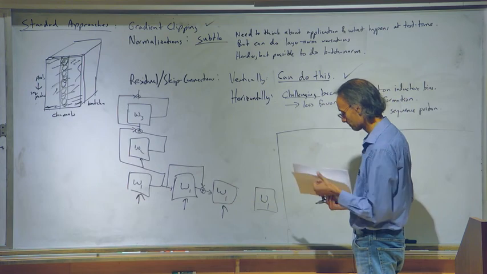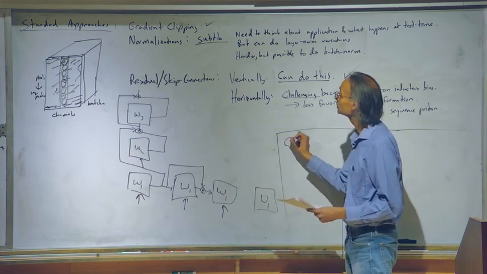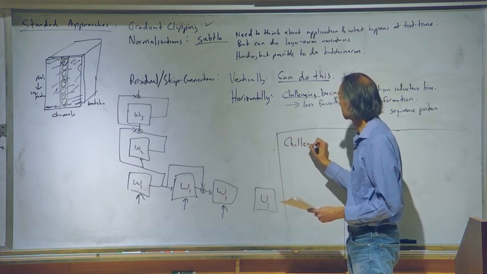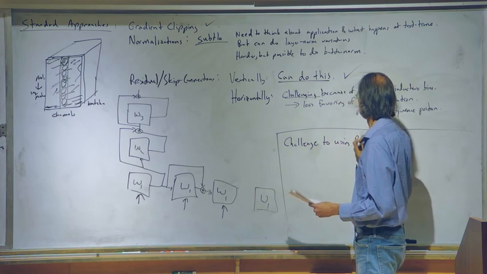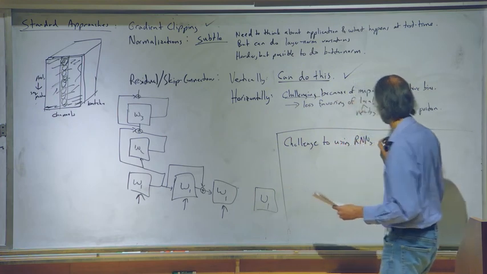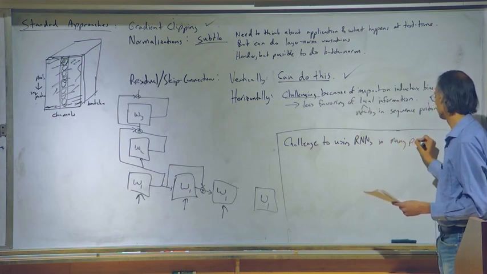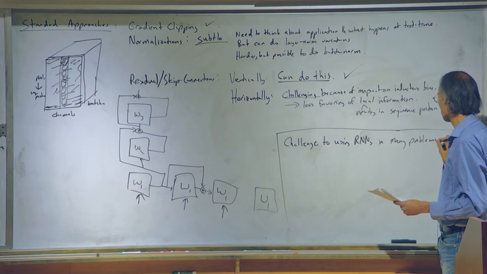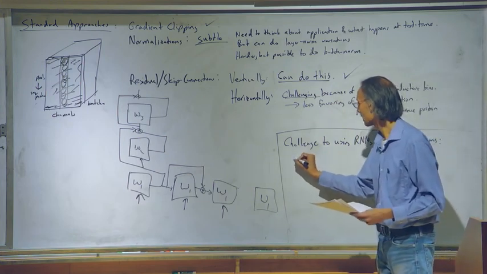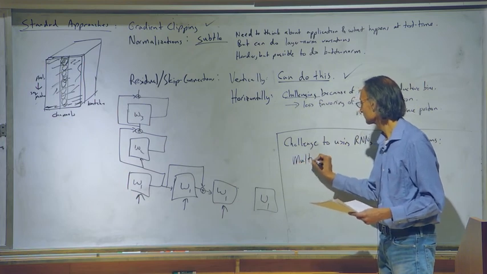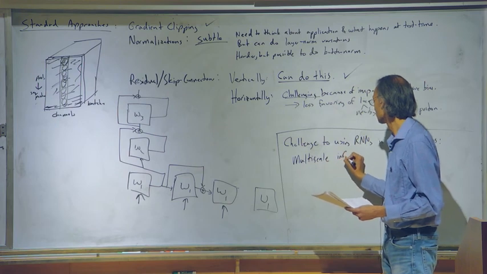What do I want to say? Challenge to using RNNs in many problems. Right? Challenges, we have multi-scale information.